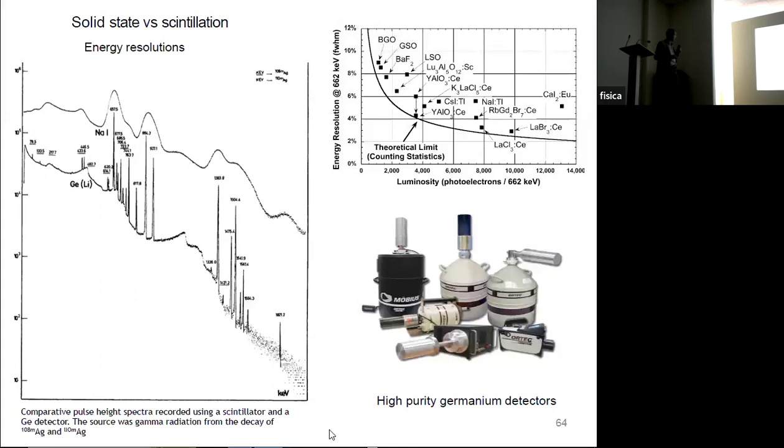scintillation detector. You can see the difference: in sodium iodide you have 1, 2, 3, something like that, or 4 peaks, and these peaks, of course, are attributed to some gamma ray photopeaks, and the problem is that the energy resolution of this detector is not good.